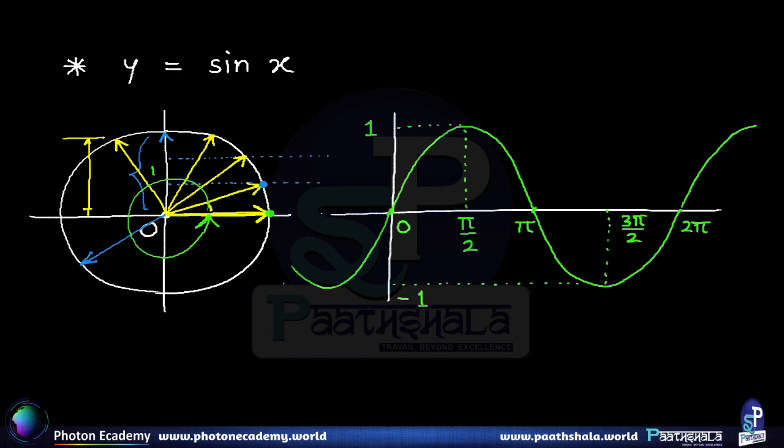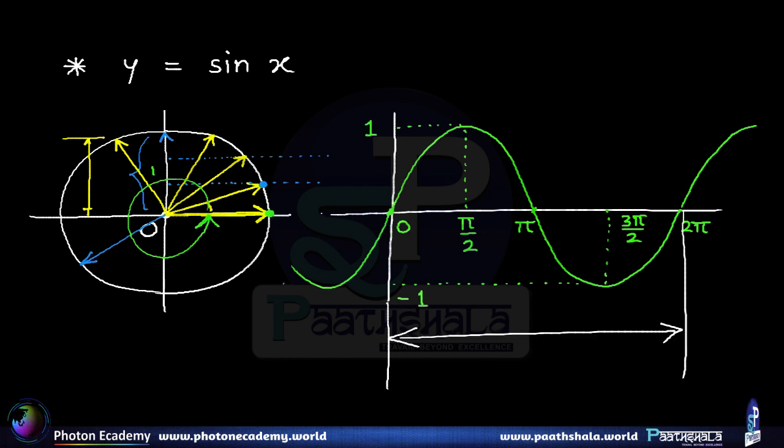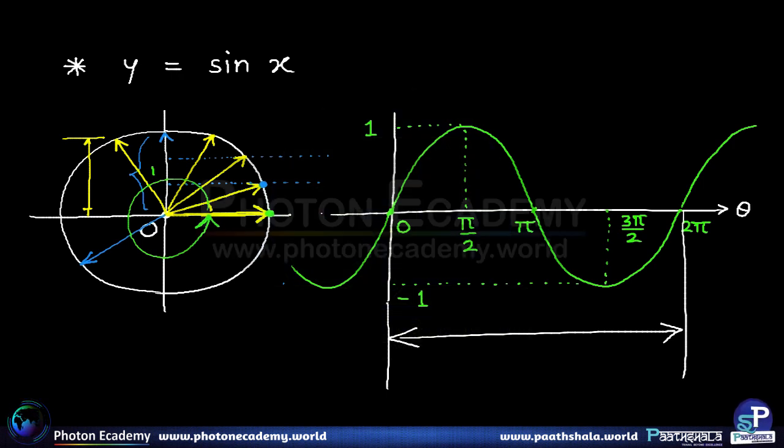So therefore, as it is clear from this particular figure, the interval of angle theta after which the function repeats itself, from 0 to 2 pi, is nothing but 2 pi radians. So this is the interval of angles after which the sine function will repeat.